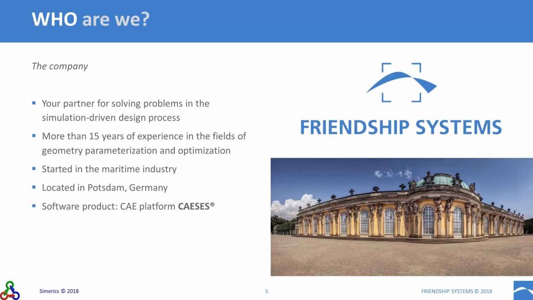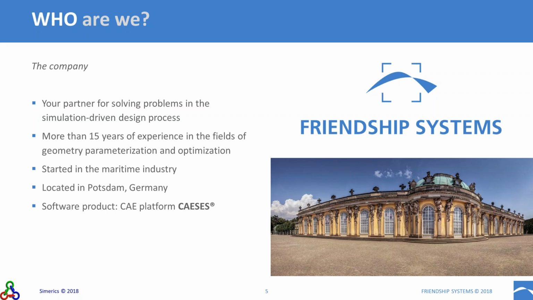So, as I mentioned, first of all, about Friendship Systems. Who are we? The company Friendship Systems partners up with our customers to solve any problems that they might encounter in their so-called simulation-driven design process. Basically, that's all kinds of processes where you want to optimize something based on simulation.